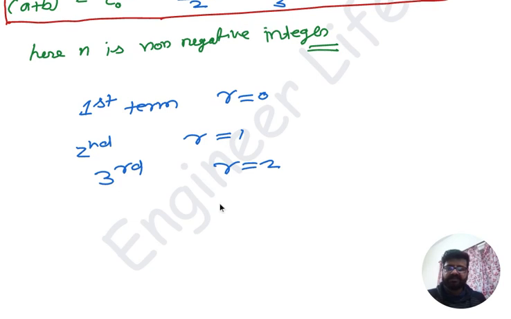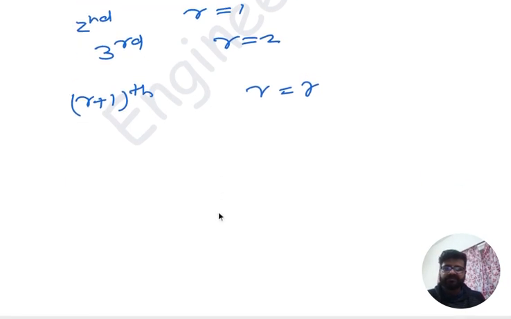So I can say that in the (r plus 1)th term, r will be r. So if the question is asked to find the T(r plus 1)th term, you will find nCr a to the power n minus r b to the power r.